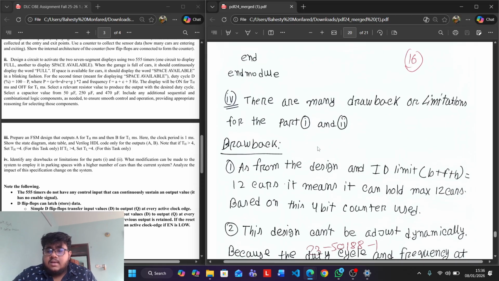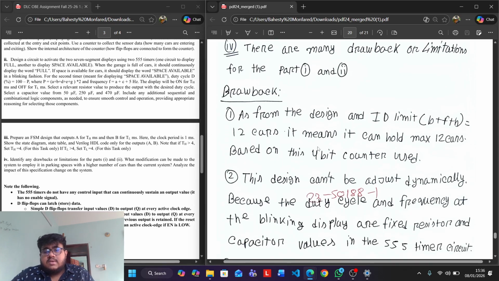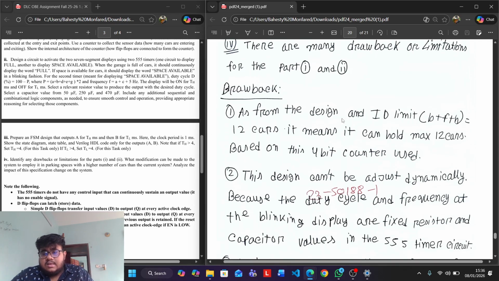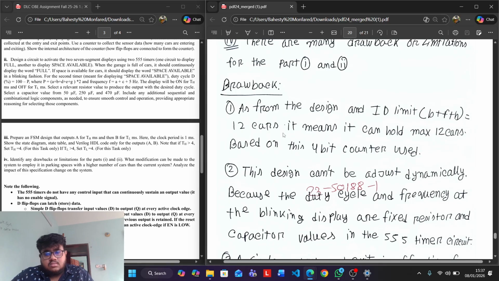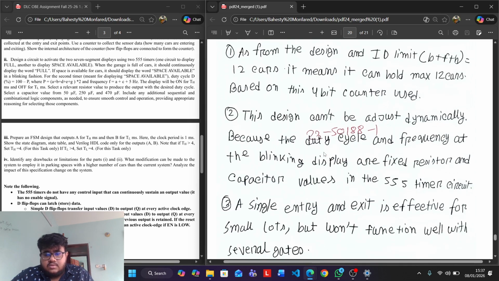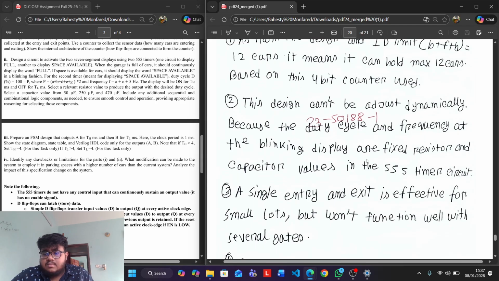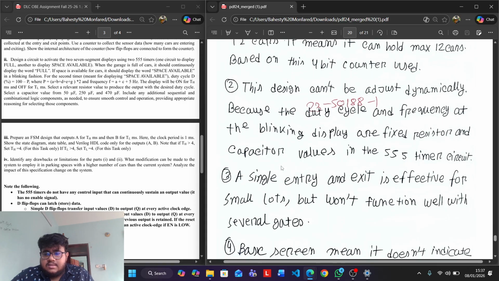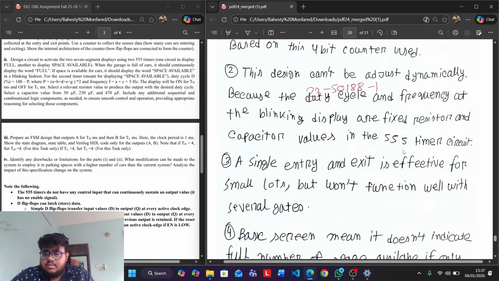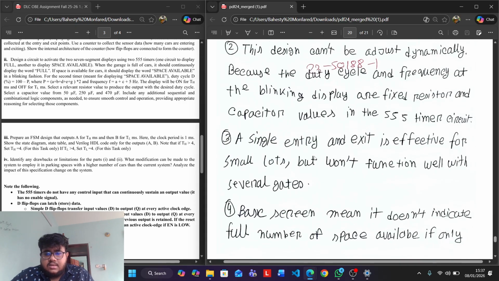The first drawback is that the design limit was 12, which is a pretty small parking size, so it can hold a maximum of 12 cars. Based on the 4-bit counter used, the design cannot be adjusted dynamically because the duty cycle and frequency of the blinking display are fixed by the resistor and capacitor used in the 555 timer circuit.